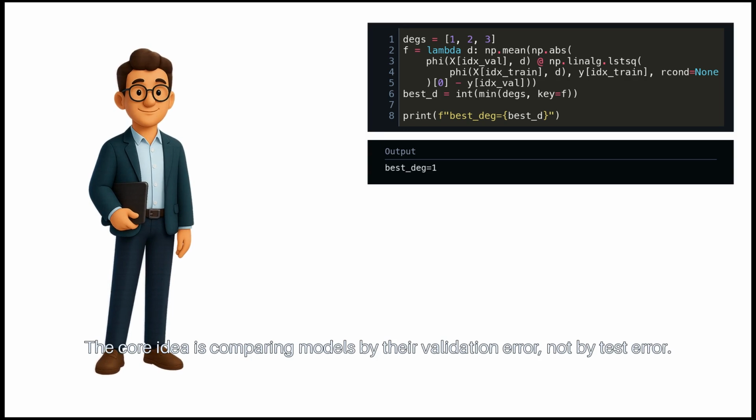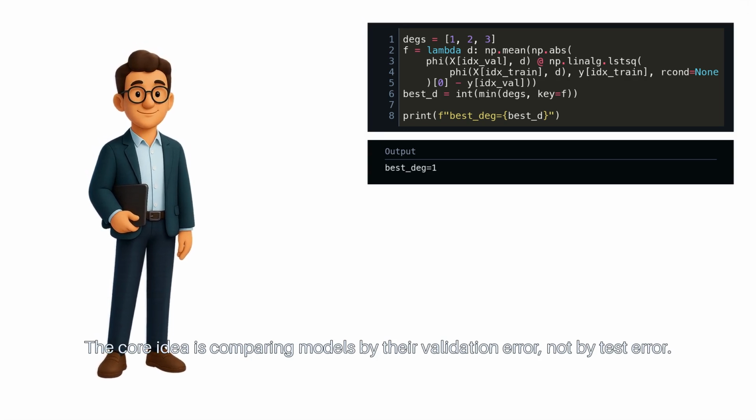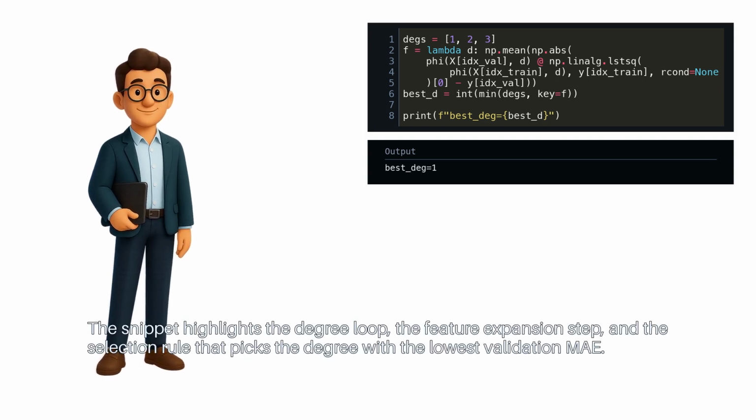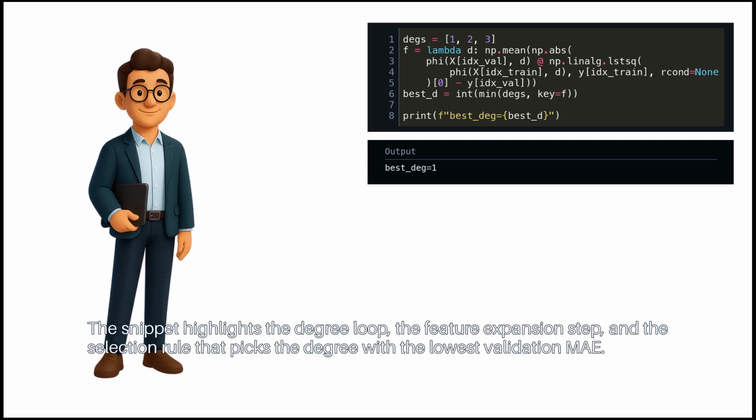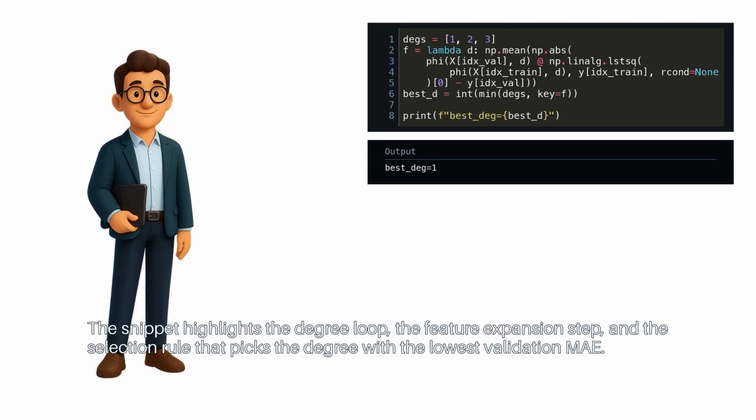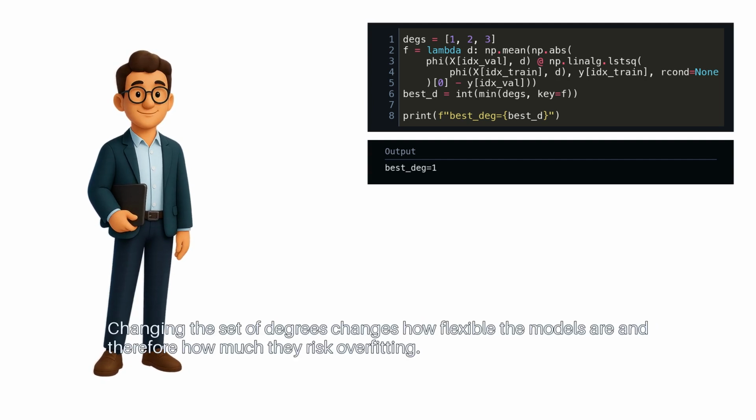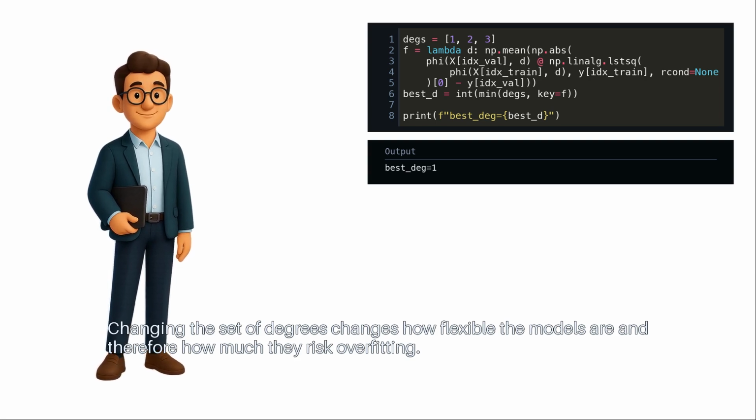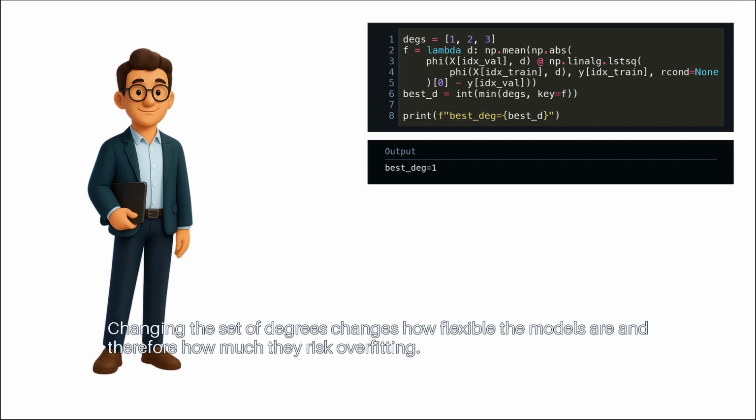The core idea is comparing models by their validation error, not by test error. The snippet highlights the degree loop, the feature expansion step, and the selection rule that picks the degree with the lowest validation MAE. Changing the set of degrees changes how flexible the models are, and therefore, how much they risk overfitting.